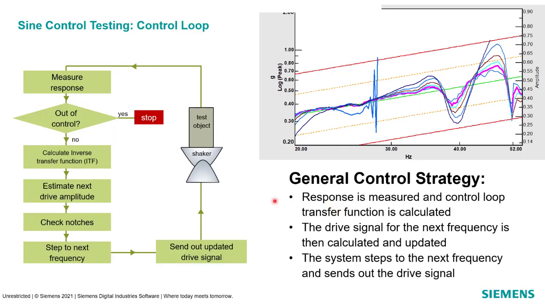So the way it works, this is a look at the control algorithm. It's closed loop control. First of all, with the measured transfer function from a self-check, we can extrapolate up to full levels and make sure that we have enough headroom in our responses to accommodate the resonant frequencies, if there are any. We use that inverse transfer function to calculate the initial responses as it starts up.